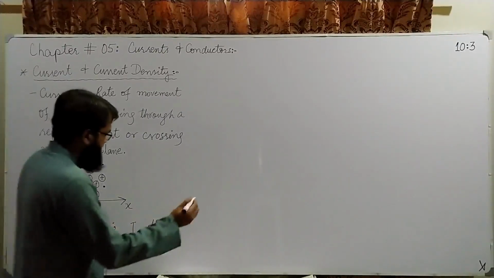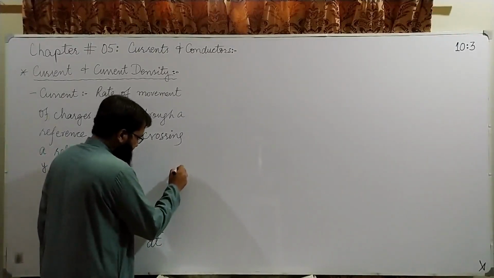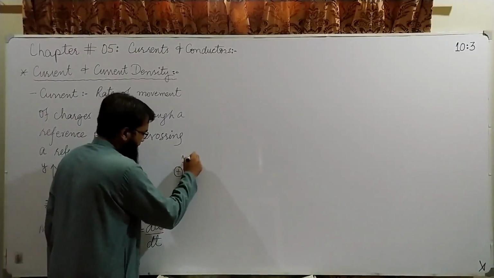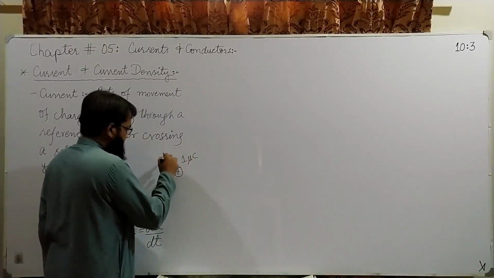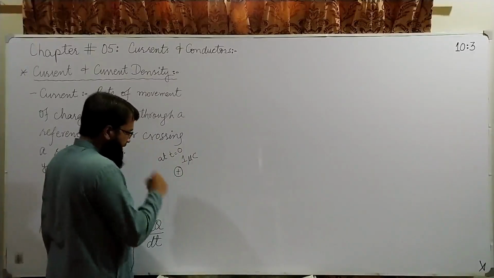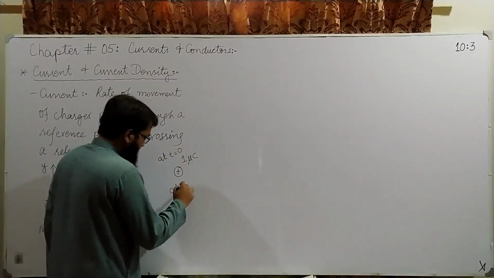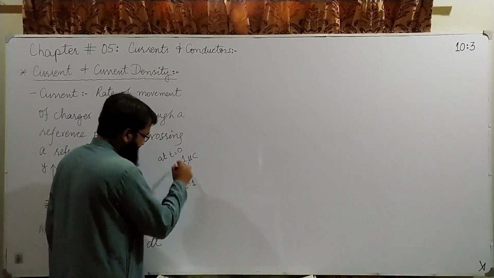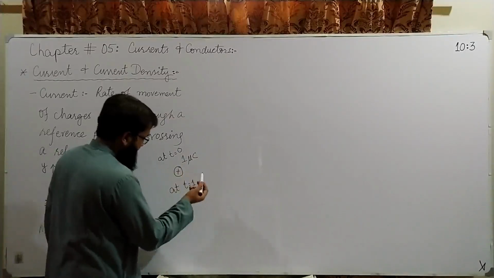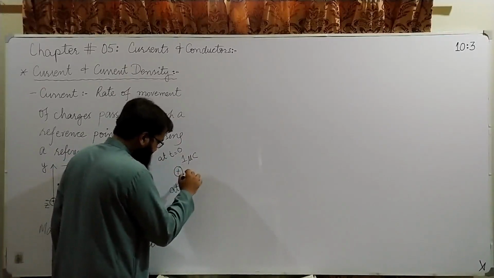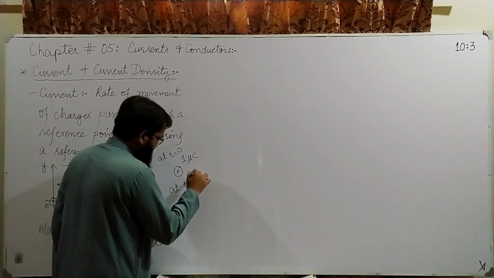If, for instance, let's say this is a point charge of 1 microcoulomb at time t equals 0 seconds, and after 1 second, at time t equals 1 second, this point charge changes its value to, let's say, 2 microcoulombs.